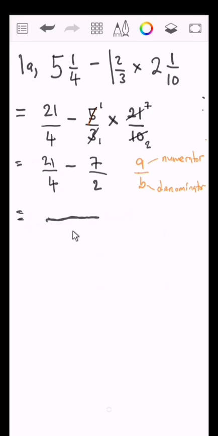You can use 8 as the common denominator. But here, because we are dealing with very small numbers, 4 na 2, I think it's easy kuona kuti 4 is the common denominator panapa. So since 4 is the common denominator, chati 4 into 4 ndi 1. 1 times 21 ndi 21, to that minus 2 into 4 ndi 2. 2 times 7 ndi 14. So panapa zviri equal to 21 minus 14 ndi 7 over 4.